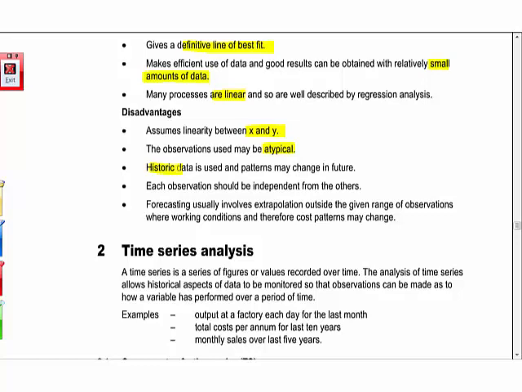Also, for regression analysis to be used, every observation should be independent, whereas in reality, it might be that 1 month or 1 period's experience affects another. We've also mentioned this idea of extrapolation: outside the range of observations that you have currently observed could have an impact on the cost patterns. So, for example, there may be a step to fixed cost.